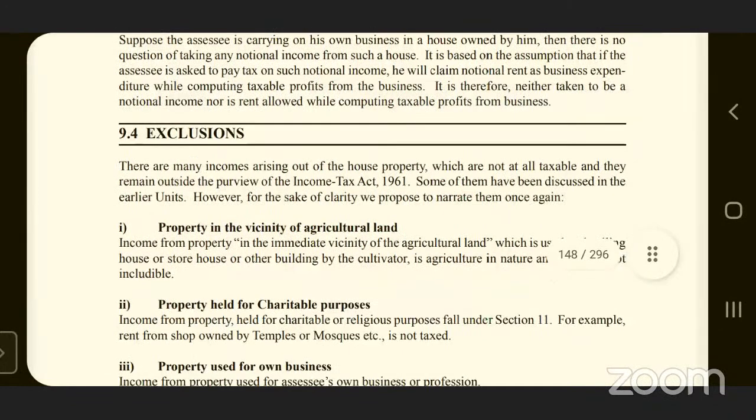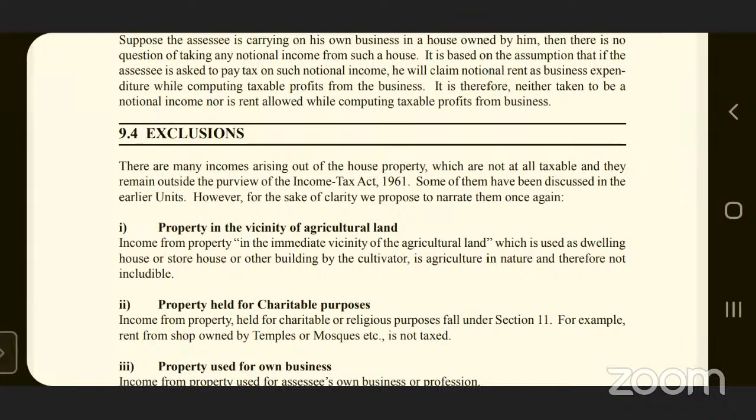Next, there are a few exemptions which cannot be treated as income from house property. Those are incomes arising out of house property which are not at all taxable. They remain outside the purview of the Income Tax Act. Just like in the first class, I explained about income from agriculture or agricultural income.